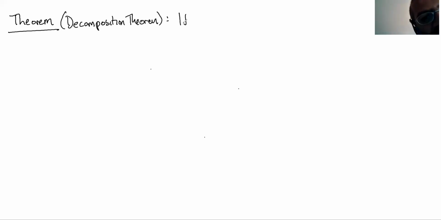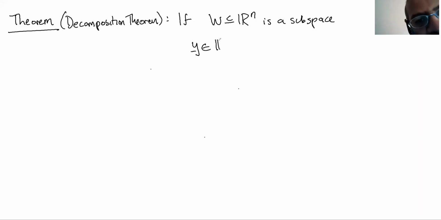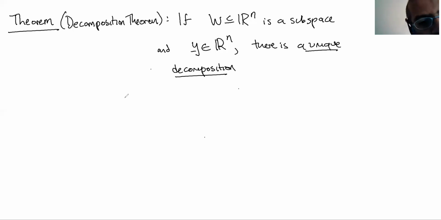What it says is if W is a subspace of Rn, and y is any vector in Rn, there is a unique decomposition of y into a vector y hat that's in W plus a vector z that's in W perp.